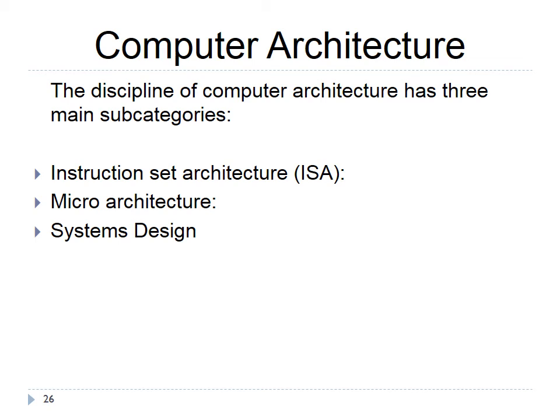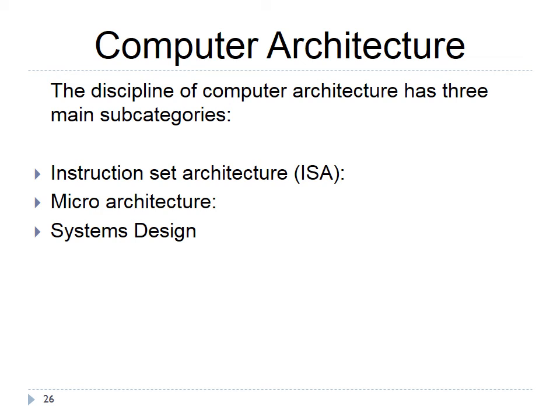Instruction set architecture, or ISA, defines the machine code that a processor reads and acts upon, as well as the word size, memory address modes, processor registers, and data types. The second is microarchitecture, also known as computer organization. This describes how a particular processor will implement the ISA.